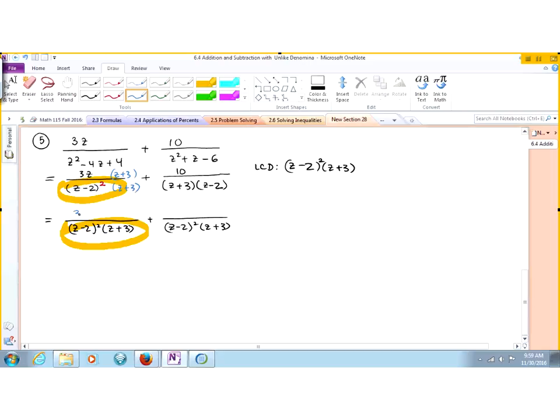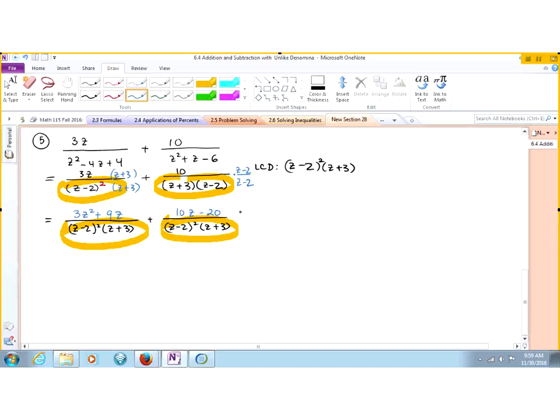So, what do I have here? 3z squared plus 9z. Good. Now, again, compare this and this. What is missing? z minus 2? Yes. So this is 10z minus 20.